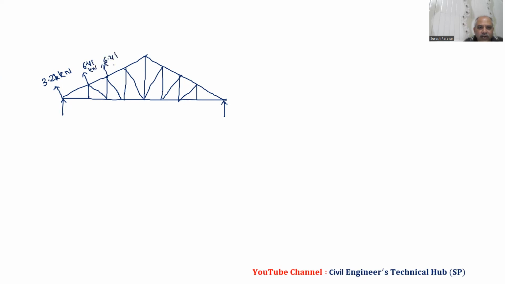6.41 kilonewtons, then perpendicular to this 6.41 kilonewton. Again, this is 3.21, this is 3.21, and 6.41, and this is also 6.41, and then perpendicular to this is 3.21.